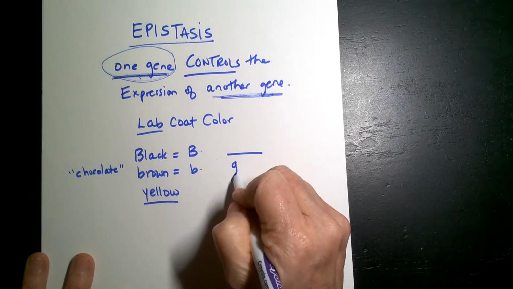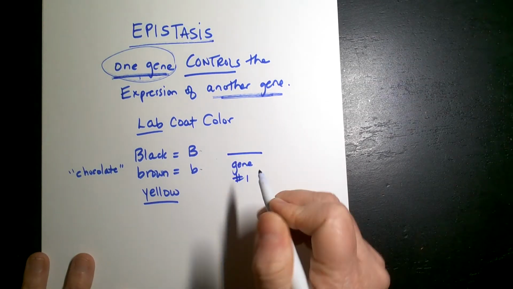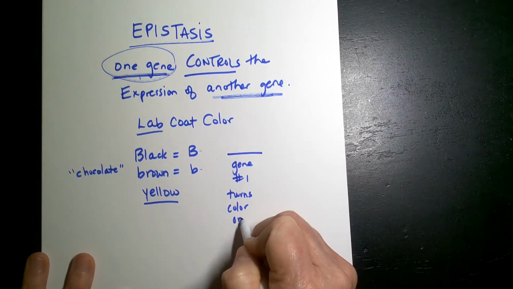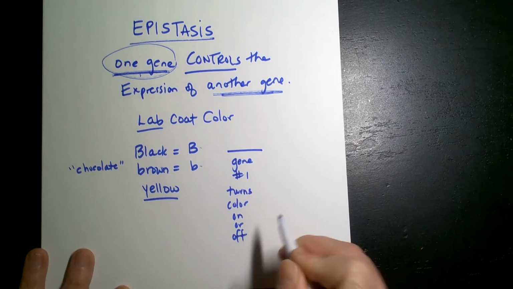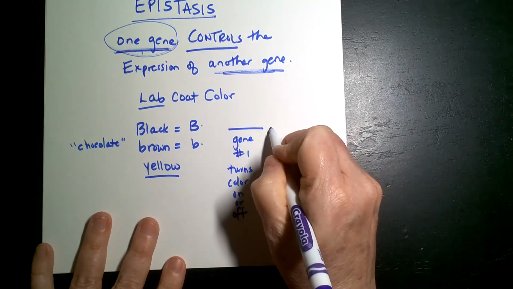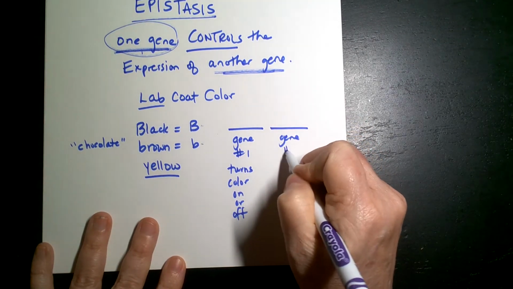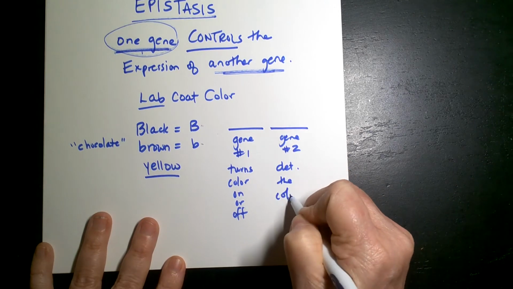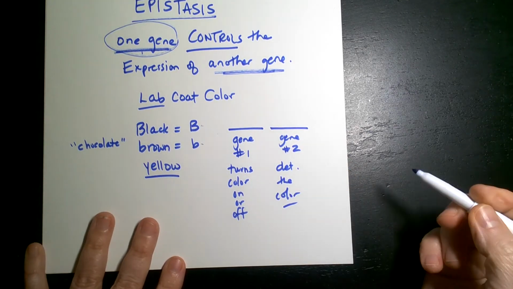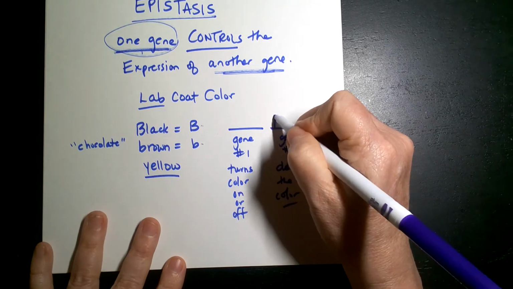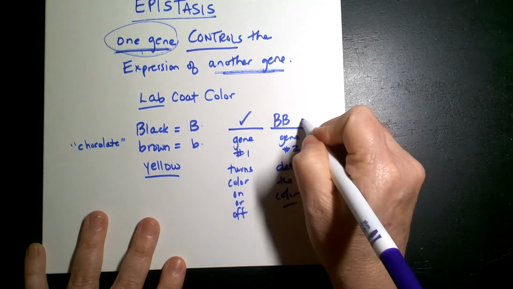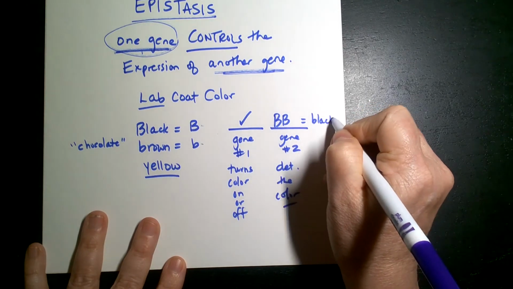So gene number one turns the color on or off. Okay, and then gene number two determines the color. All right, so for example, if you were big B, and this gene was on, that lab would be black.